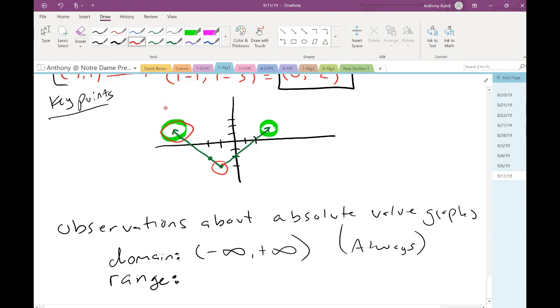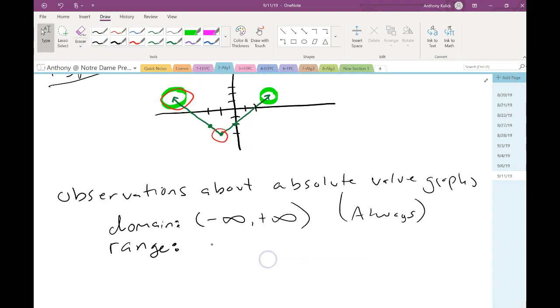No. Is this the only way that this graph can be oriented? No. What other way could it be oriented? What was that, Nicholas? Good. So if the A value was negative, we could have a reflection across the x-axis where the graph is now pointed upside down.